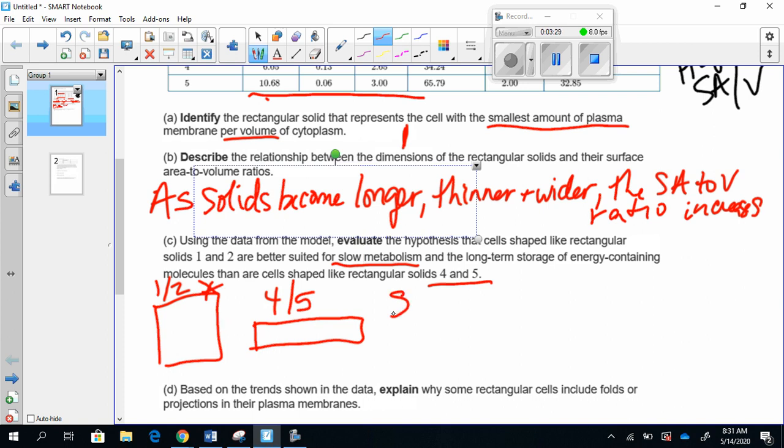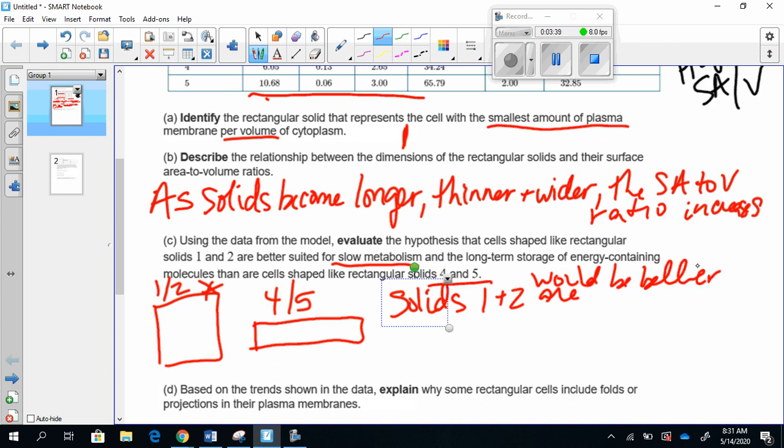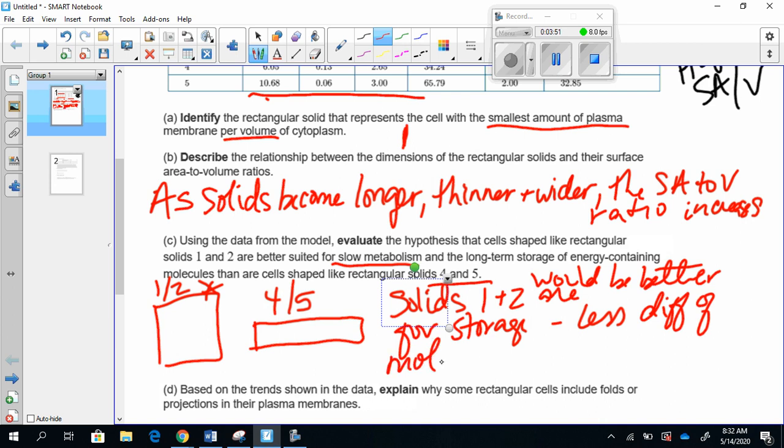So solids 1 and 2 would be better for storage, less diffusion of molecules, or slower diffusion of molecules.